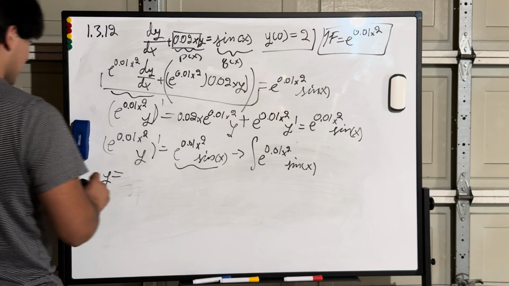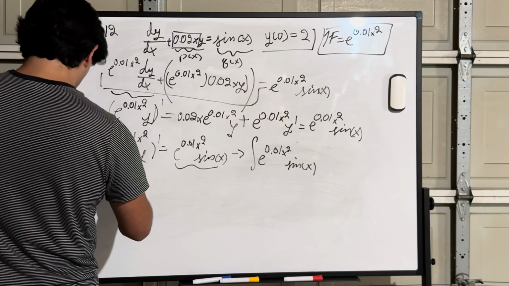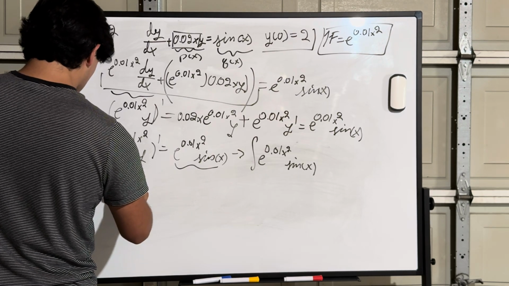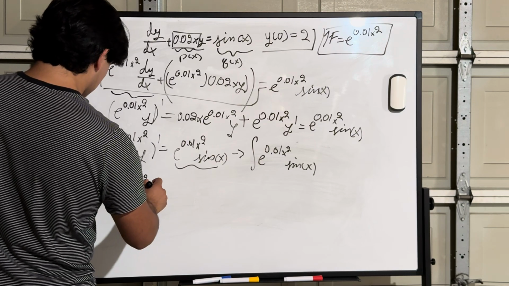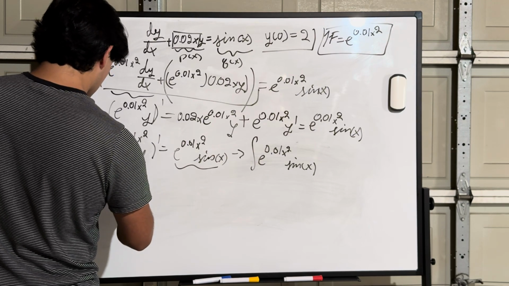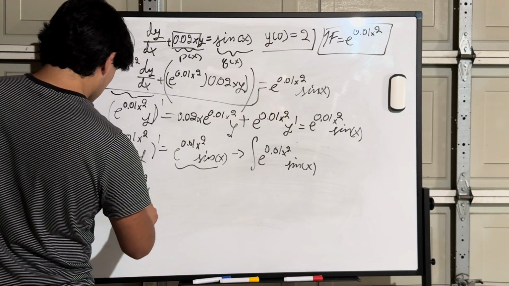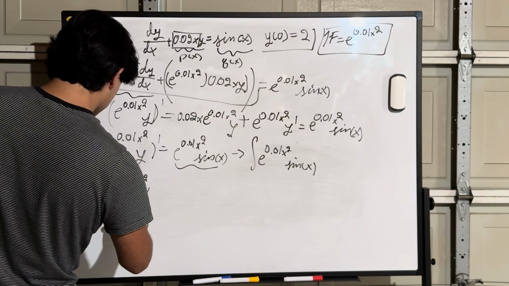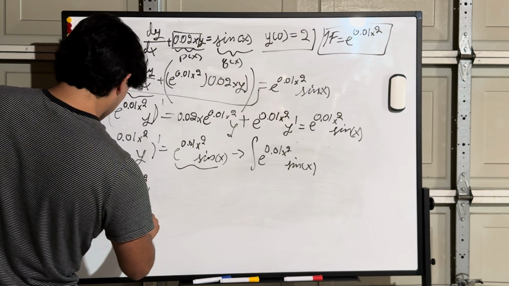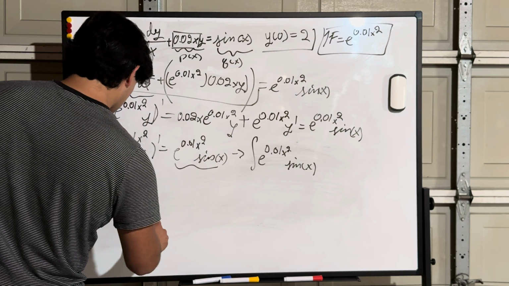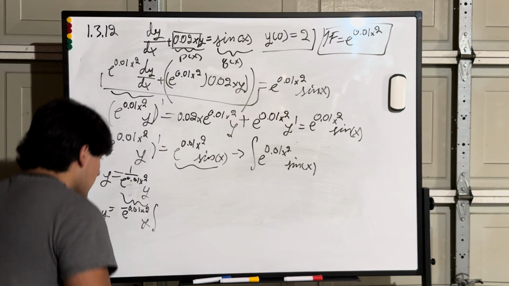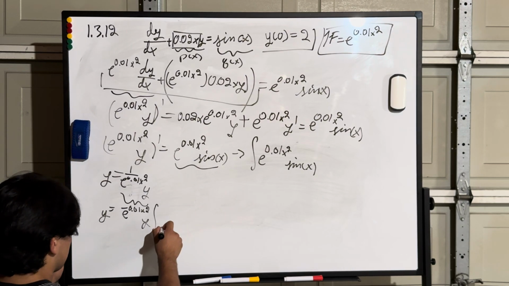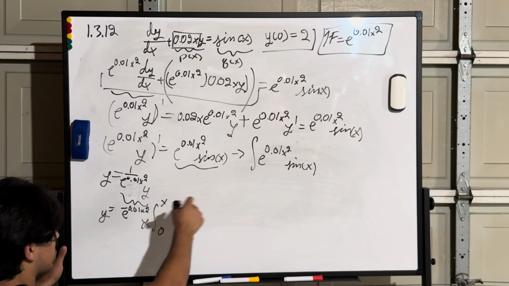You'll get 1 over e to the 0.01 x squared, which is actually e to the negative 0.01 x squared times the integral, but he replaces x with s.